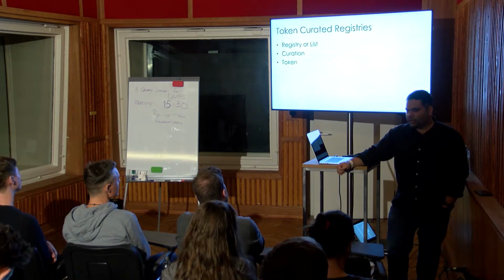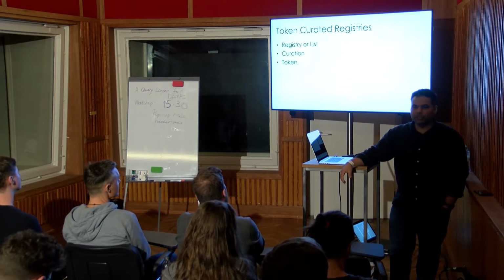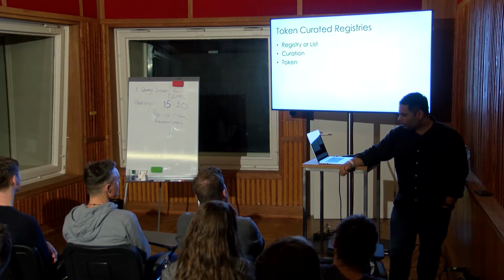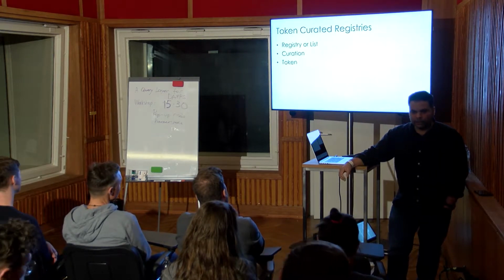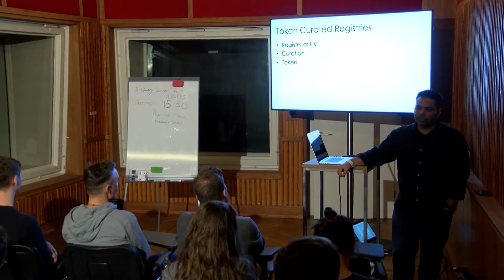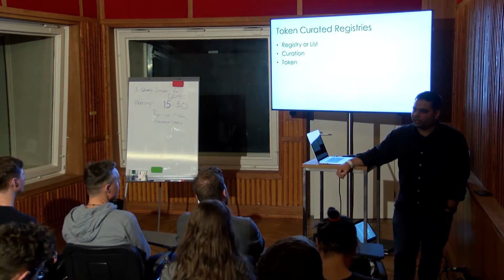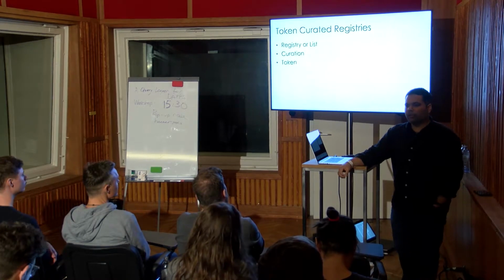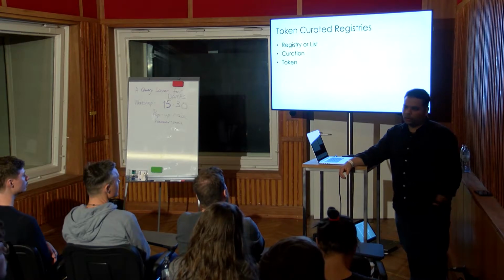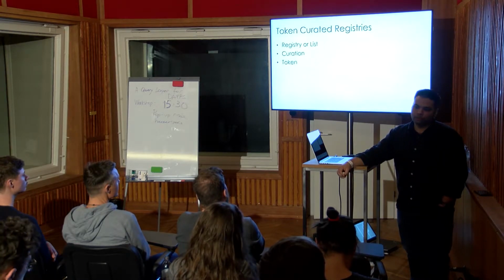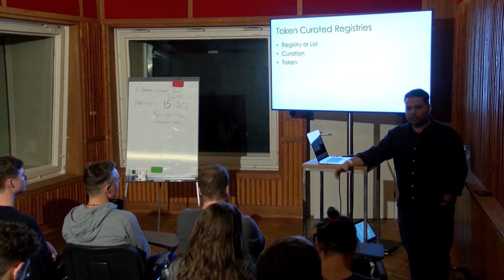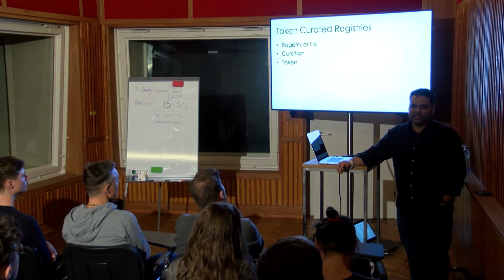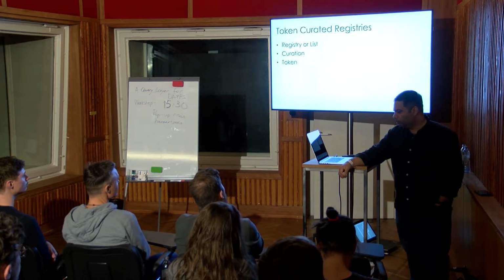And we are basically adding and deleting these items from these lists through this community. We are calling that curation. And then finally, to take these actions on the list, or to at least participate in these actions on the list, you need something of value, and that something of value can be represented as a crypto token. So that's where the token is coming from. So there's a list. To add or delete items, you need something of value, which is a token. So that's basically a TCR in one sentence for you.